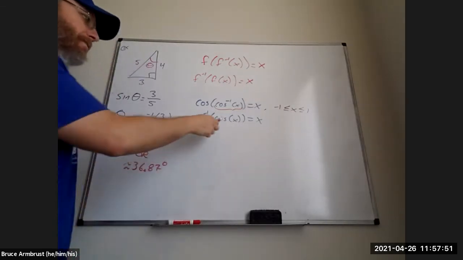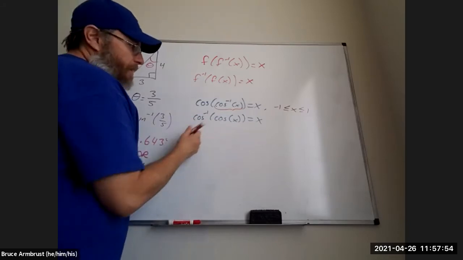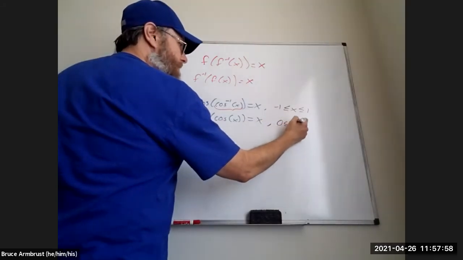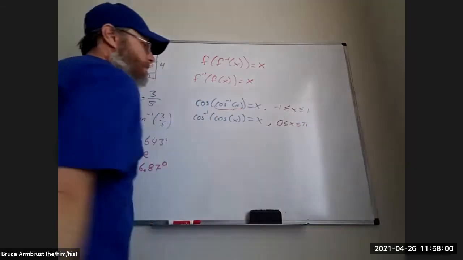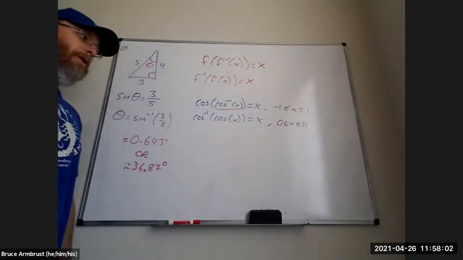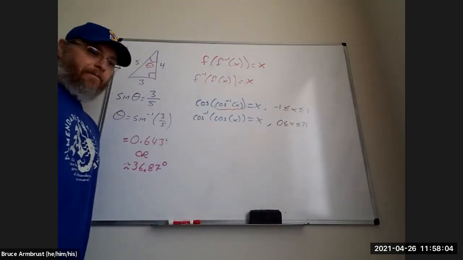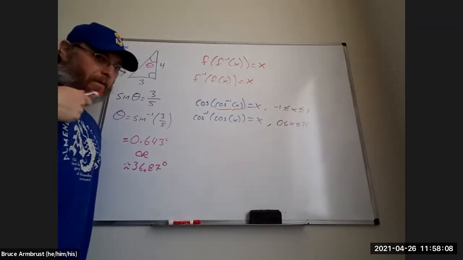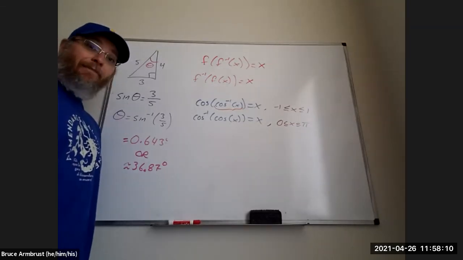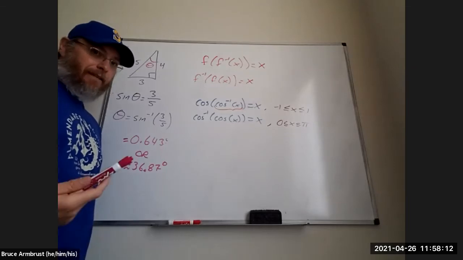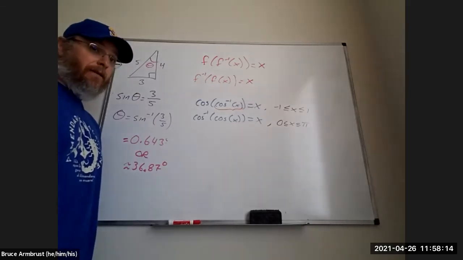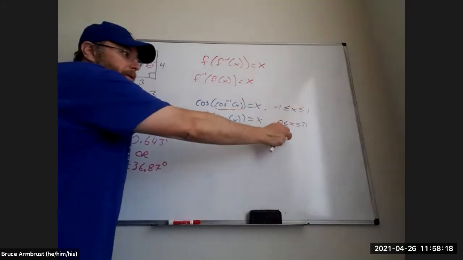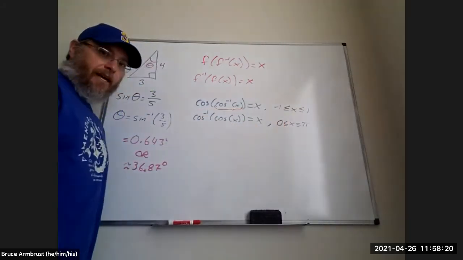Okay, the other one, the cosine inverse and cosine are going to cancel as long as those x's are between 0 and pi. But if you use your logic, logically, it's equivalent to the other one. We're only going to be able to do this for numbers that we can plug into cosine.